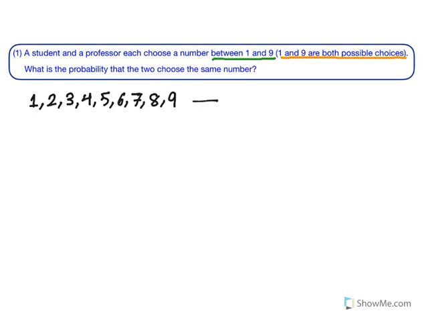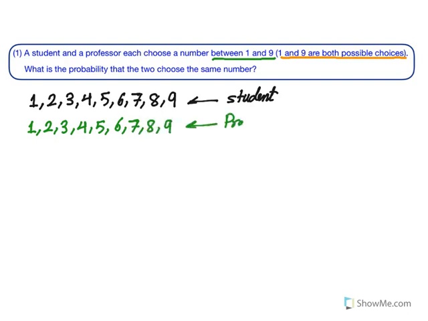Let's say that this is the student, and he can choose any of these numbers, and let's say that the professor also can choose 1, 2, 3, 4, 5, 6, 7, 8, and 9. This is for the professor.